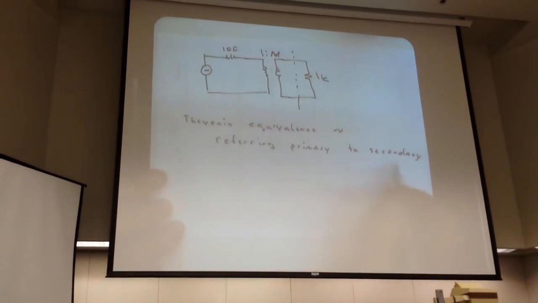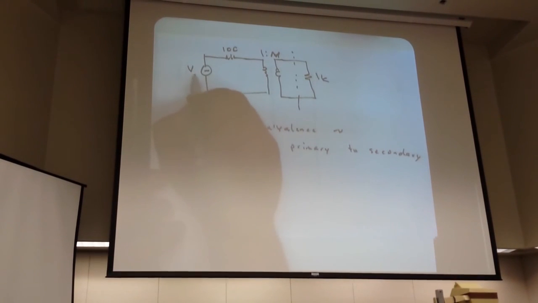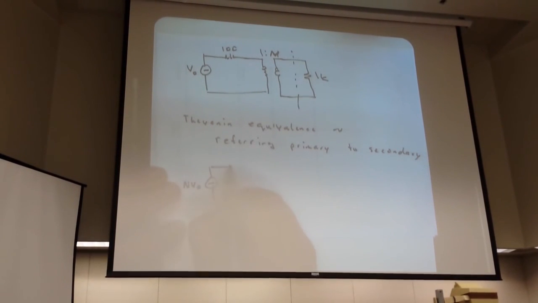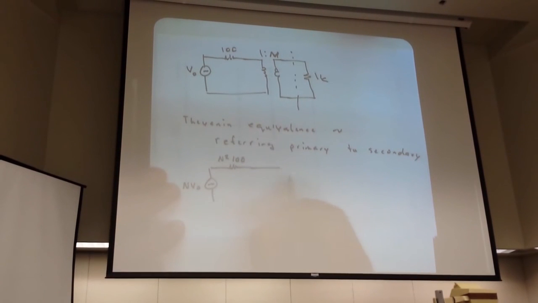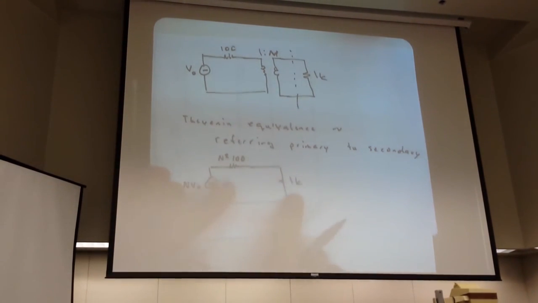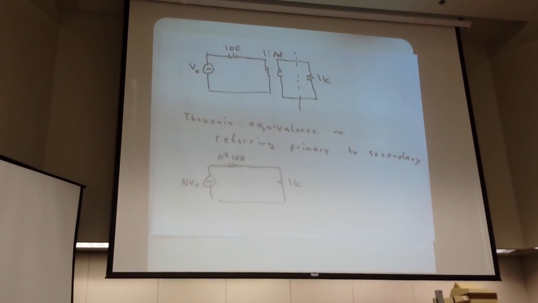So referring the primary to secondary, what do we wind up with? N squared 100 and 1K. Well, again, Z Thevenin equals Z load, which only happens when N squared equals 10 or N equals square root of 10.